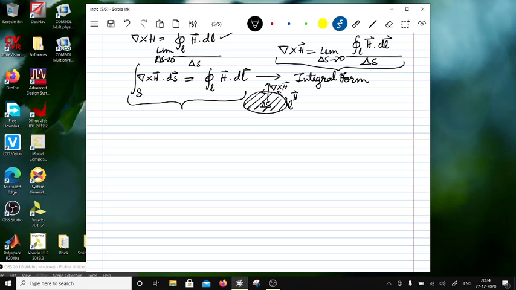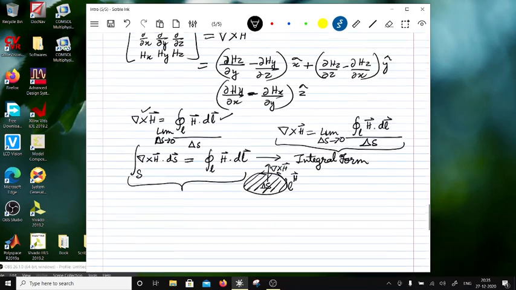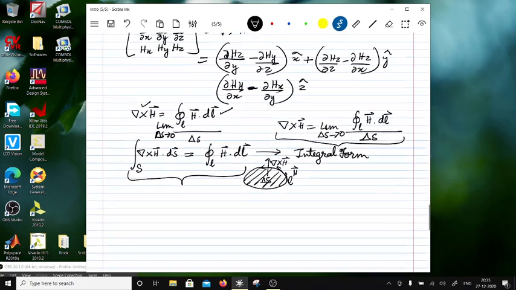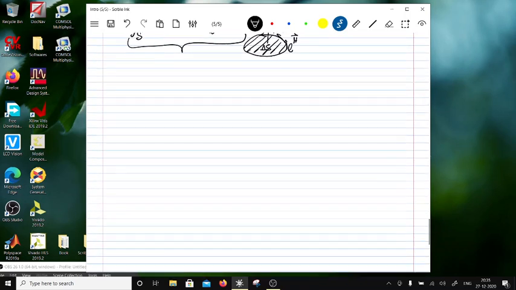When you go from point form to integral form, the integral which is in 2 dimensions on the left hand side becomes an integral in a single dimension on the right hand side, just because of the curl. So the curl representation makes it 2-dimensional. This is your definition of curl.